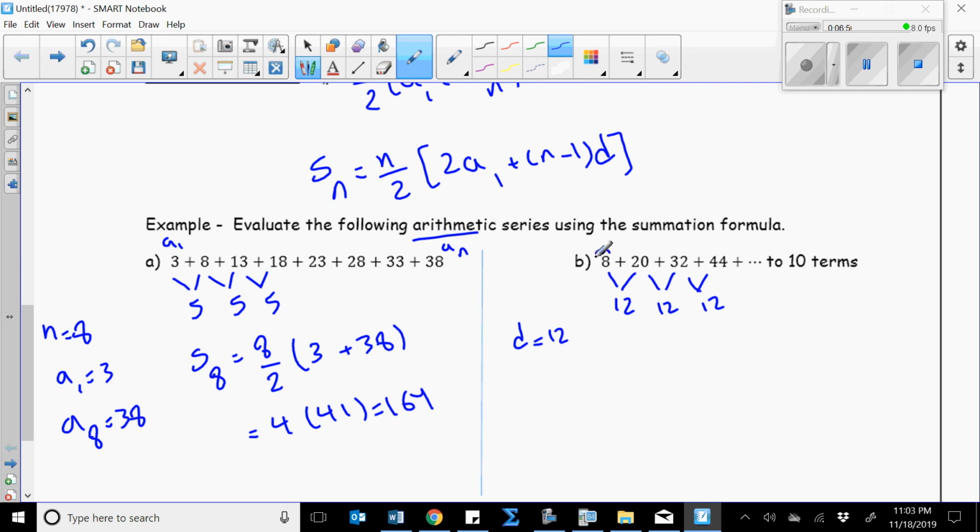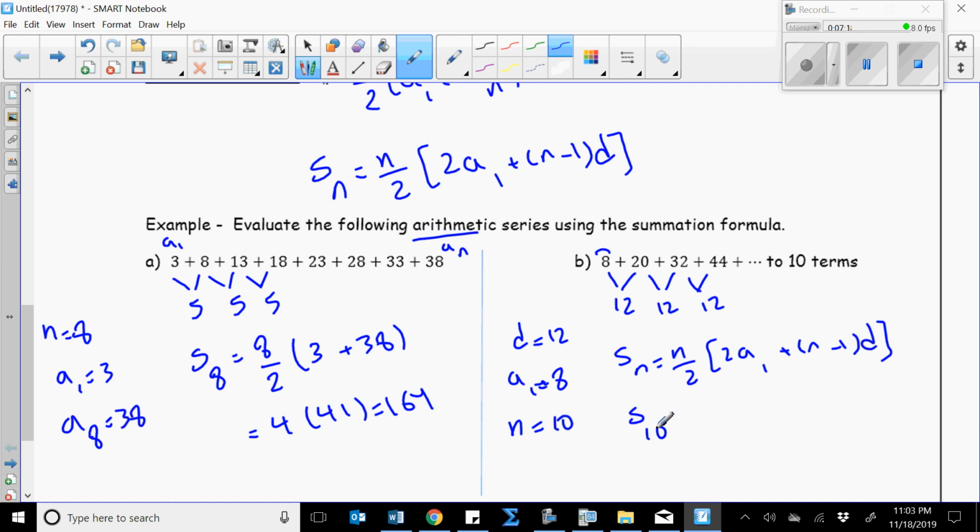I have the first term, which is 8. And I know I have 10 terms. So n is equal to 10, but I don't have the last term. So I can go ahead and use the second formula here. Sn equal to n over 2 times 2 a1 plus n minus 1 times d.